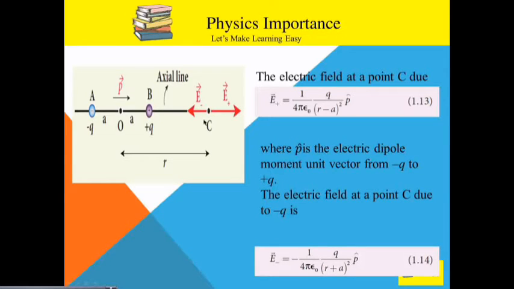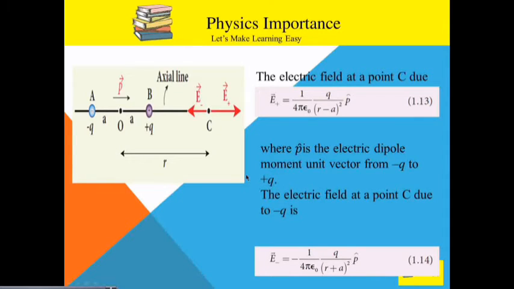Now we are going to find the electric field at the point C due to the minus q. First we calculated for plus q, now we are calculating it for minus q. For minus q we have to find the distance between this particular point C and minus q. From the midpoint the distance is r. From the midpoint to minus q the distance is a.